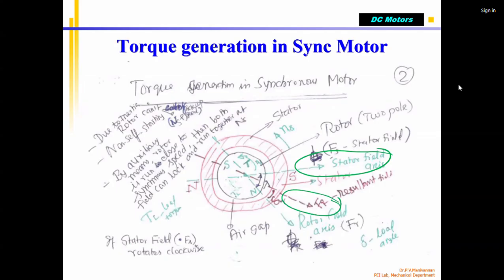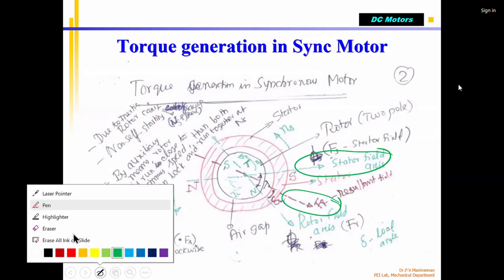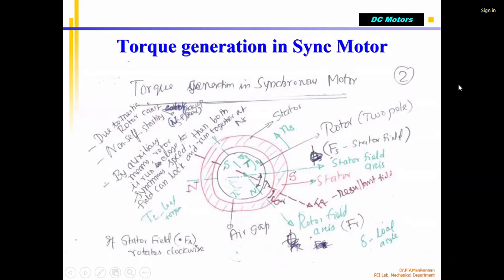Sorry, there are three things. I made a small mistake, extremely sorry. We are talking about three magnetic field vectors. One is Fs, that is this. This is the rotor, small Fr.